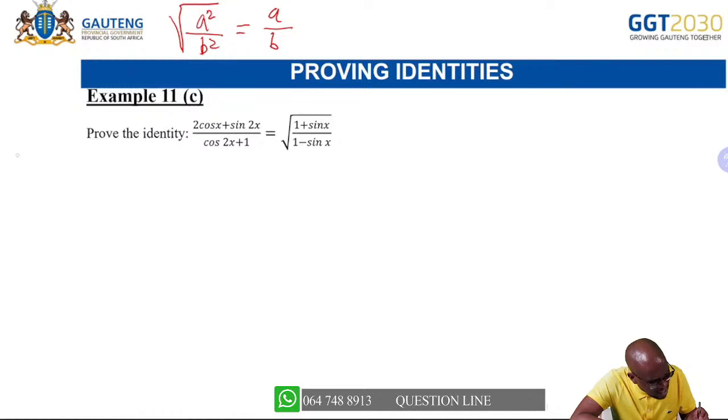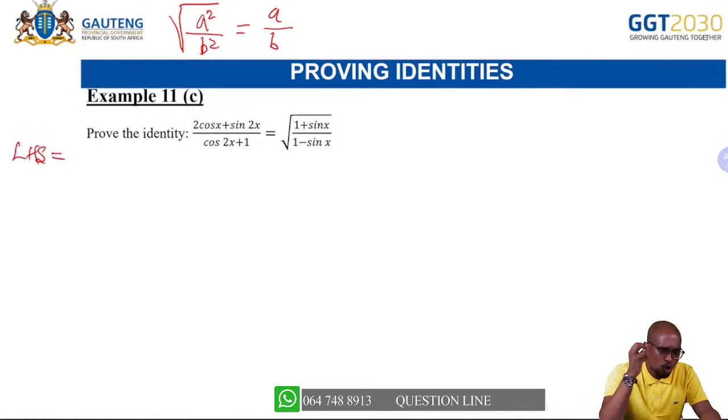But first things first, let us work on the left hand side first, because on the left hand side we have compound or double angles, I should say. We will start working with those double angles.